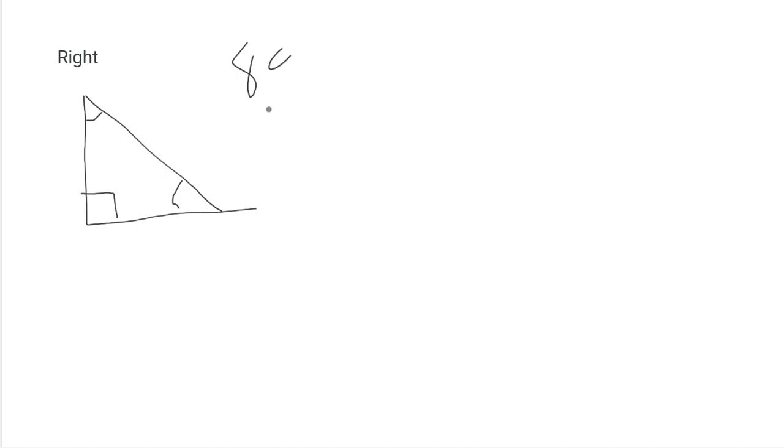The next one is called a right triangle. And a right triangle means that one of the angles is 90 degrees. The other 2 must be 89 or less. So this is 89 or less, and this one's 89 or less, and this one is exactly 90.